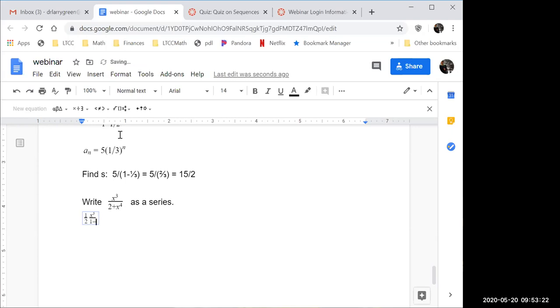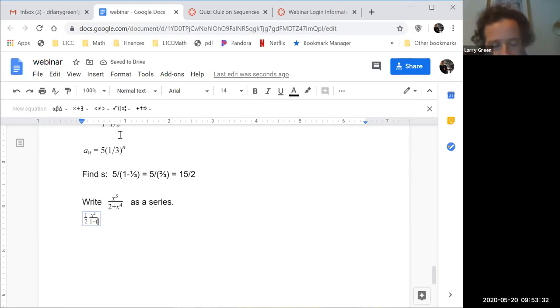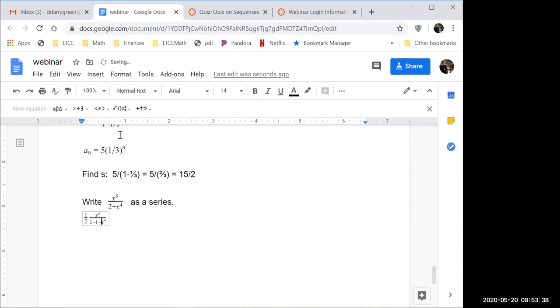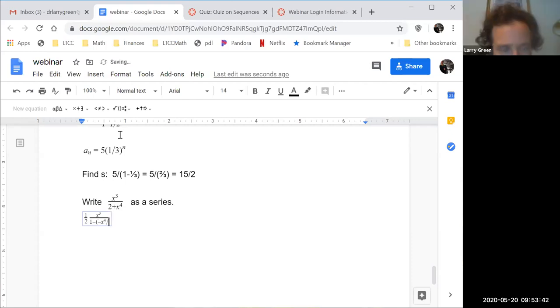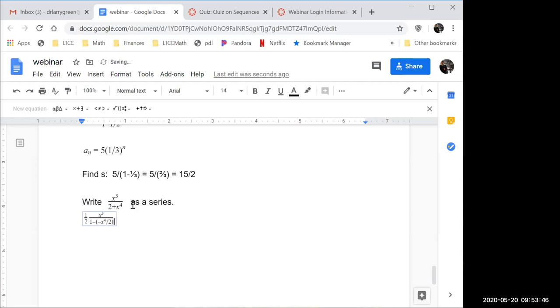If we make the term negative, that's probably what you're thinking, right? So that's going to be negative x to the fourth over 2. Let's make that a bit bigger.